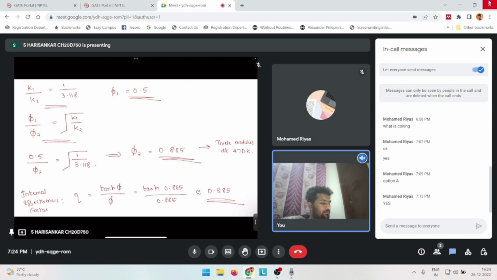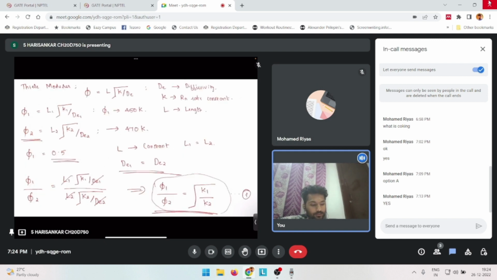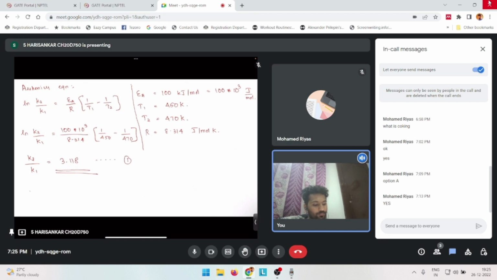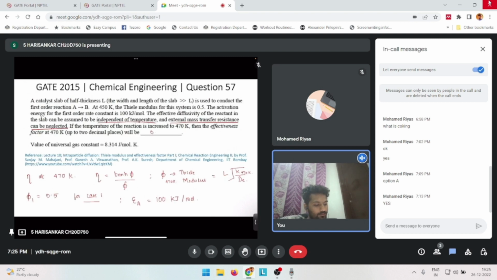So rounding off this to two decimal places, this will be approximately 0.89. So our internal effectiveness factor up to two decimal places will be 0.89.